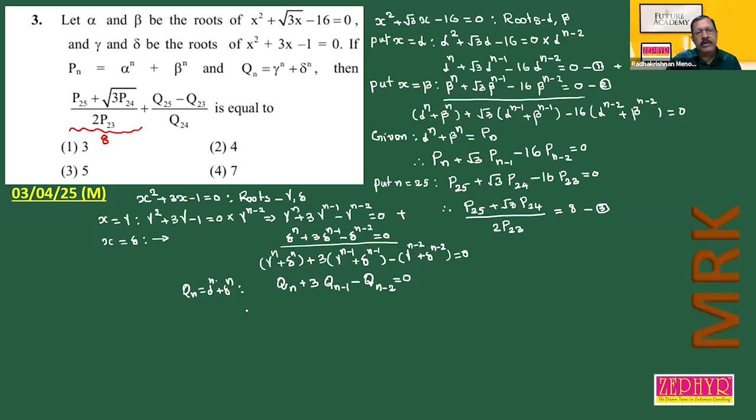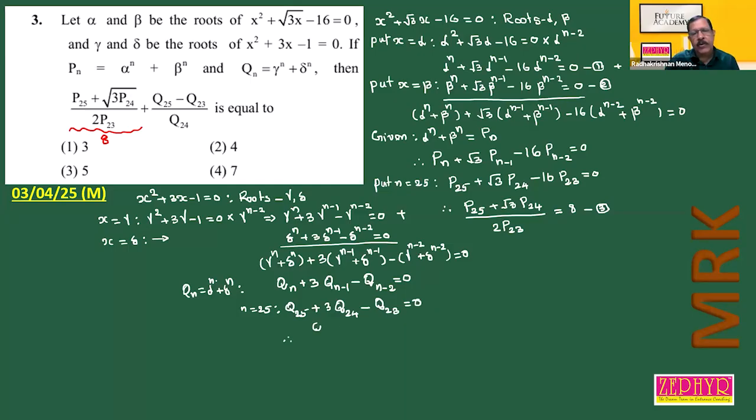Here, put n equal to 25, same way. So Q25 plus 3 into Q24 minus Q23 equal to 0. You have to find out Q25 minus Q23 by Q24.